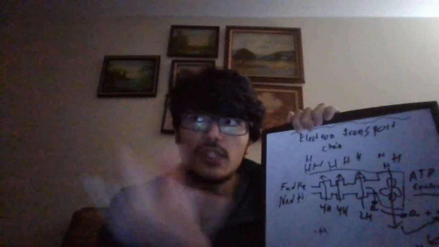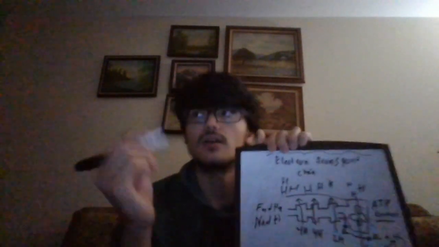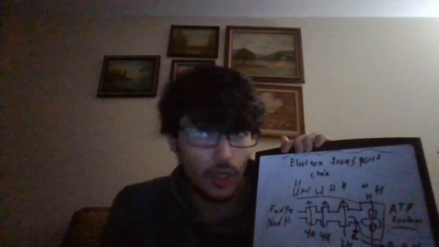So ATP synthase takes those hydrogen and allows them a path from outside into the inner space. Along the way, they go along this protein structure that turns. In here I drew it as a clover.